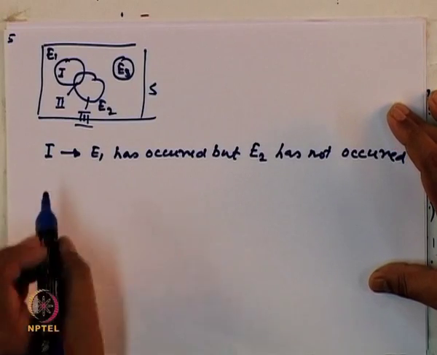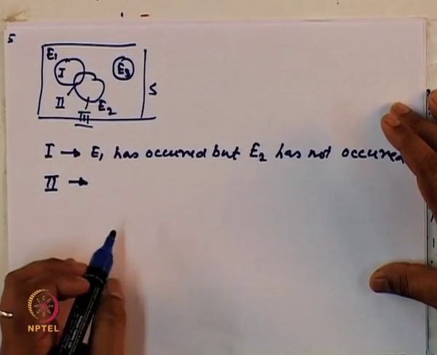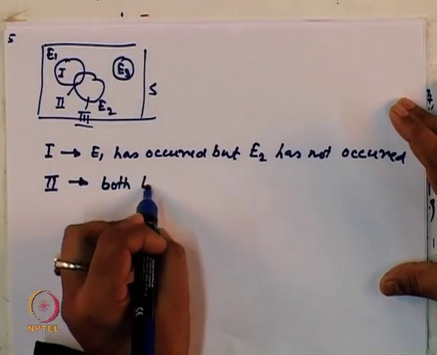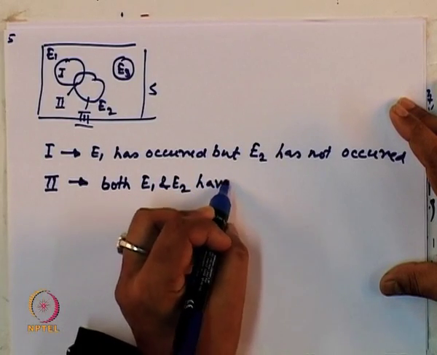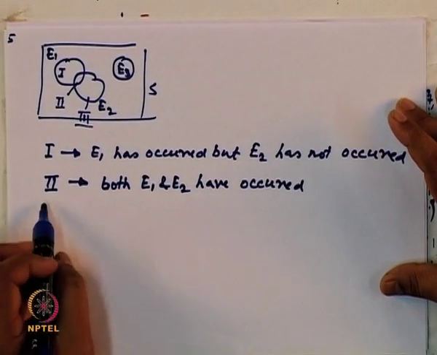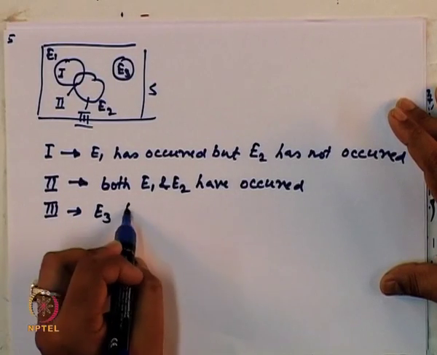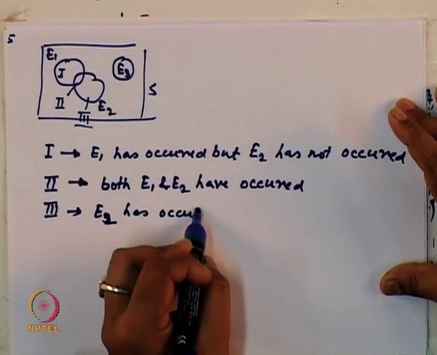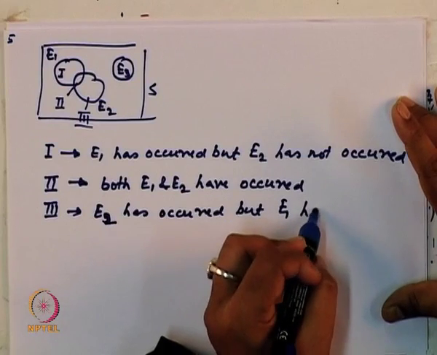Zone 2: both E1 and E2 have occurred. And similarly, zone 3: E2 has occurred, but E1 has not occurred.